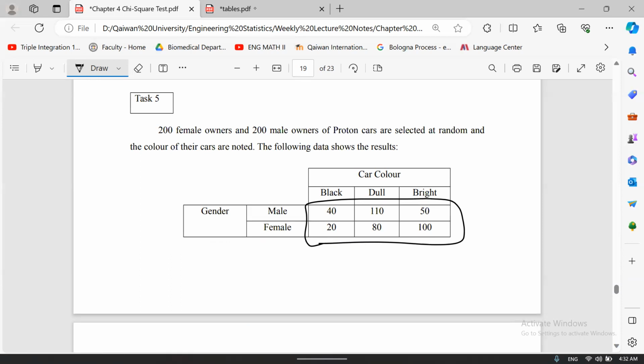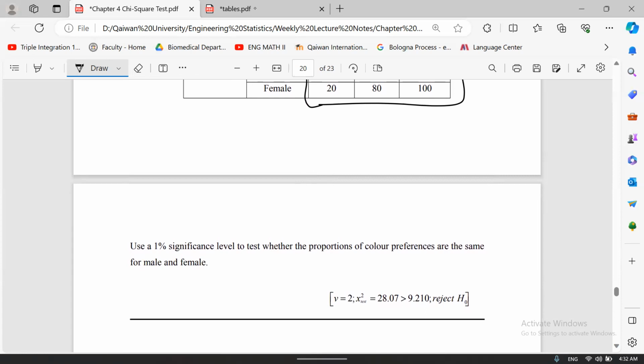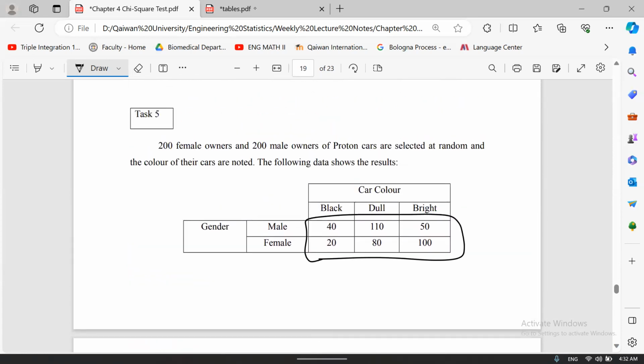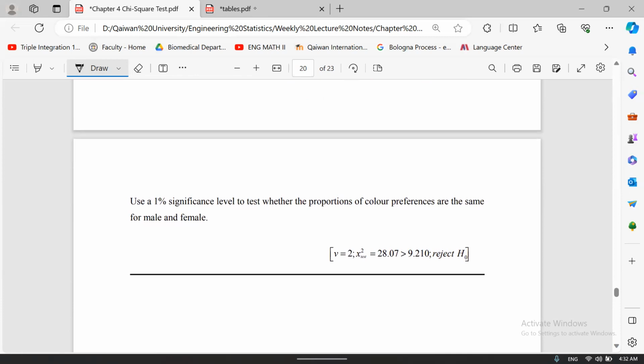We need to find the expected frequencies. From these two, you could make the table. Then we get the result and we compare the chi-square test with the chi-square from the table. That's all actually.